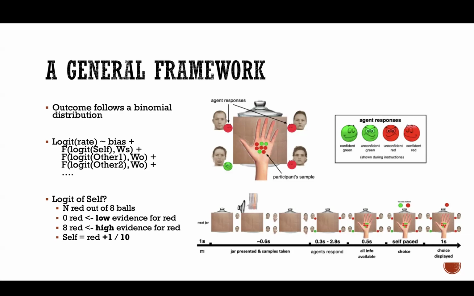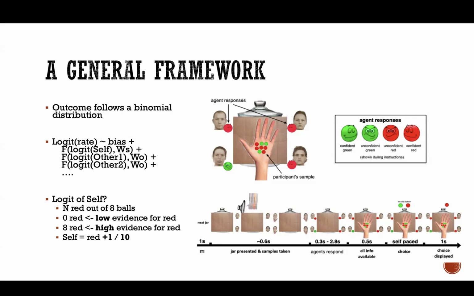Because 0 plus 1 is 1, divided by 10, becomes 0.1. 8 plus 1 is 9, divided by 10 becomes 0.9. And all the numbers in between are going to be equally distributed on that scale. Does that make sense?